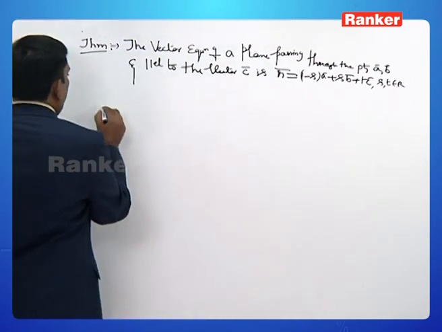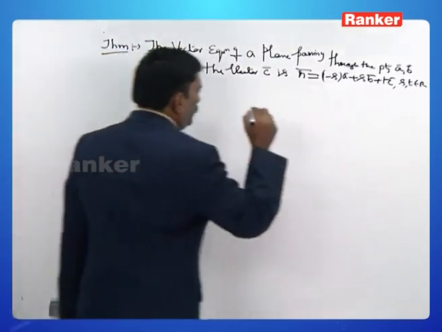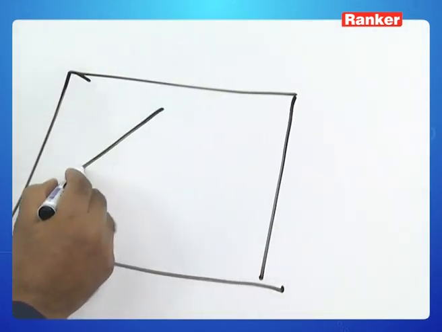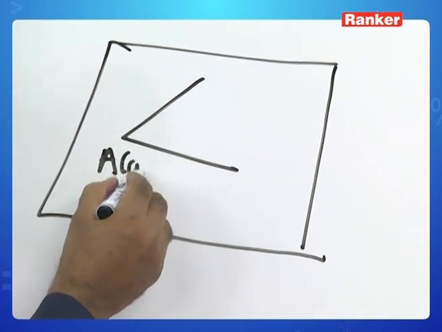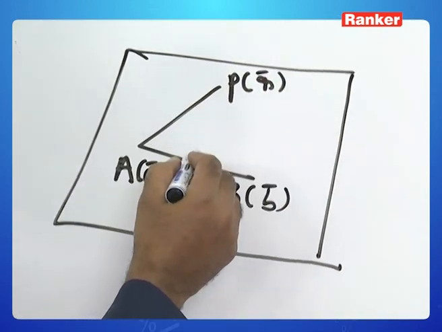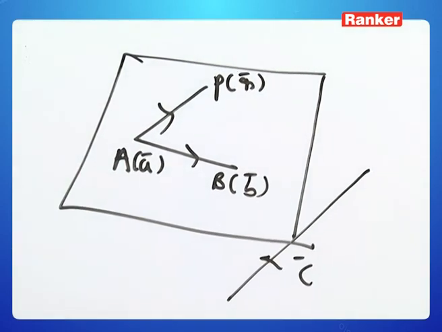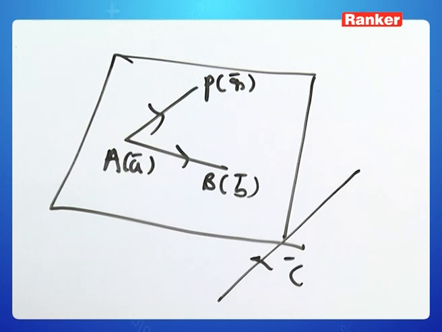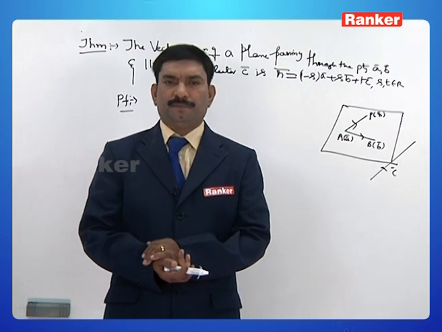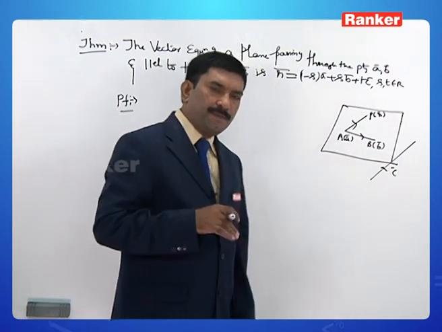So therefore, let us see how this comes. If I take this as a plane passing through two points, when the two points are given, you have to select the third point. That third point is nothing but P of R bar. To name it as a plane, we want an R bar. So therefore, this plane is parallel to what vector? C bar.